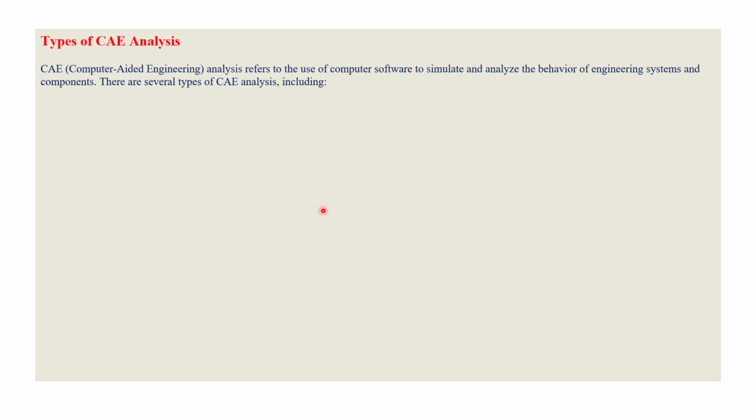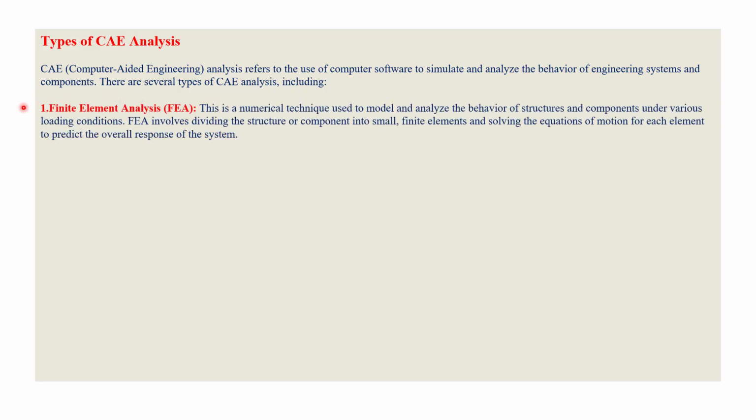So, domains in CAE. CAE stands for computer-aided engineering, which refers to computer software used to simulate and analyze the behavior of engineering systems. There are different types of analysis, including the most popular, FEA, finite element analysis.